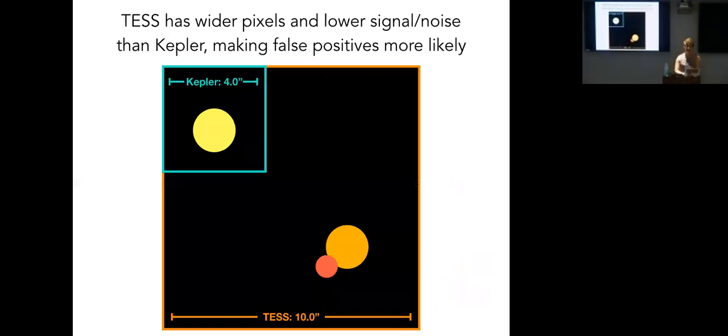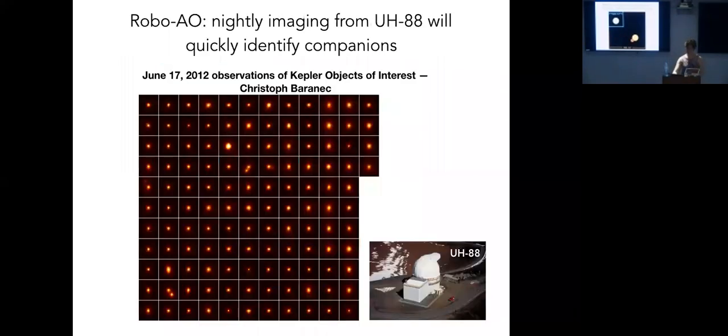Another issue is that TESS has wider pixels and lower sensitivity than Kepler, which makes false positives more likely. Kepler had a pixel size of 4 arc seconds. TESS will be 10 arc seconds, which leaves extra room for a background eclipsing binary to slide in and masquerade as a transiting signal. Fortunately, we have some great expertise here on Mauna Kea about doing direct imaging.